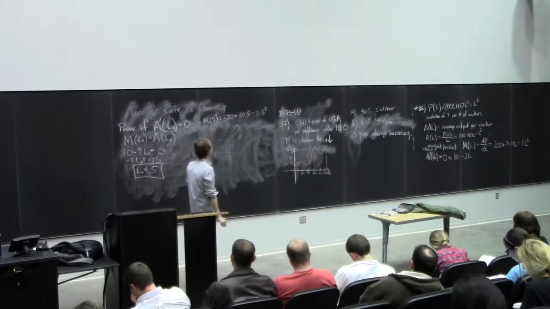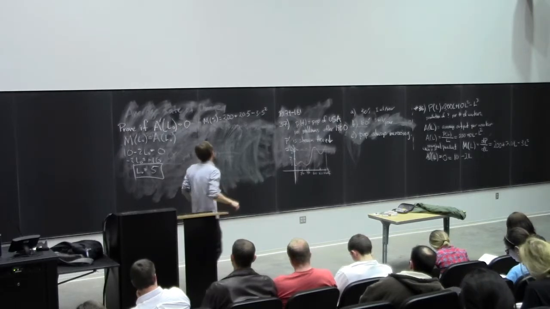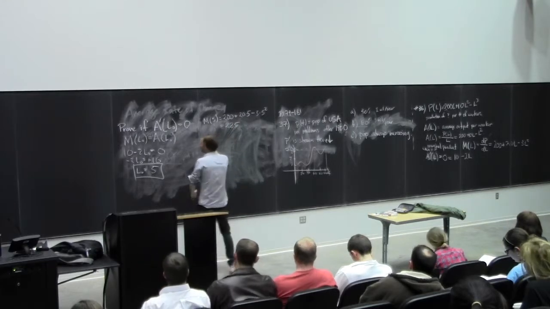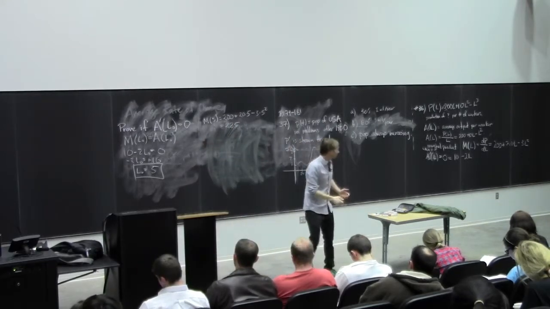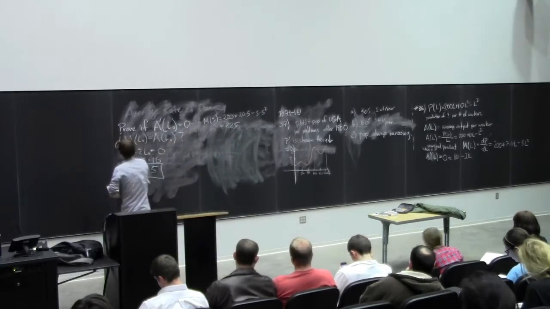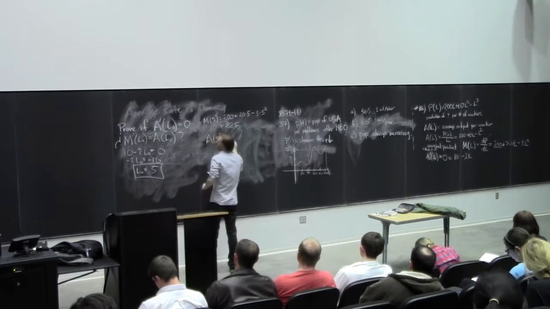That's 300 minus 75. That's 225. Is that right, everybody? Okay, and now I'm hoping that this is equal to, I'll put question marks here because that's what we're trying to explain, A of 5.